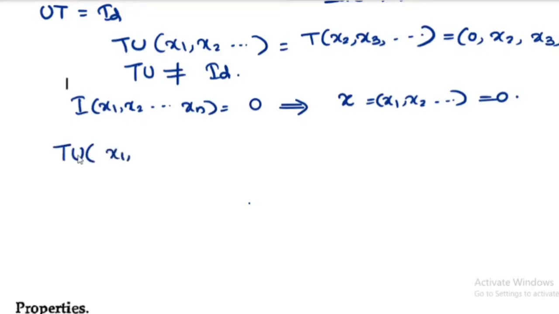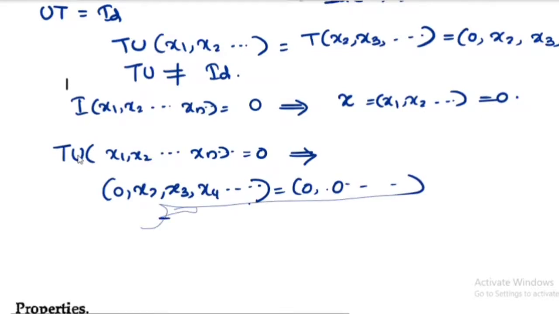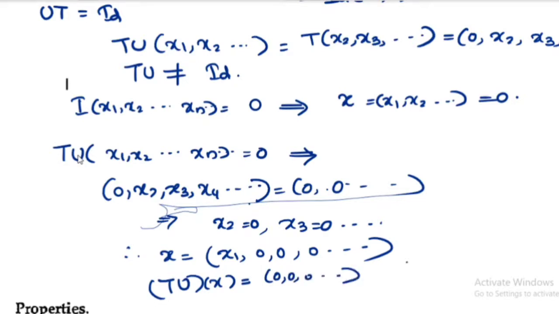TU of x1, x2, etc., xn equal to 0 implies 0, x2, x3, x4, etc., in L2, is equal to 0, 0, 0, 0, and that implies x2 equal to 0, x3 equal to 0, etc. Therefore, if we choose x equal to x1, 0, 0, 0, etc., then TU of x is equal to 0, 0, etc. This implies the kernel of TU is not equal to zero.